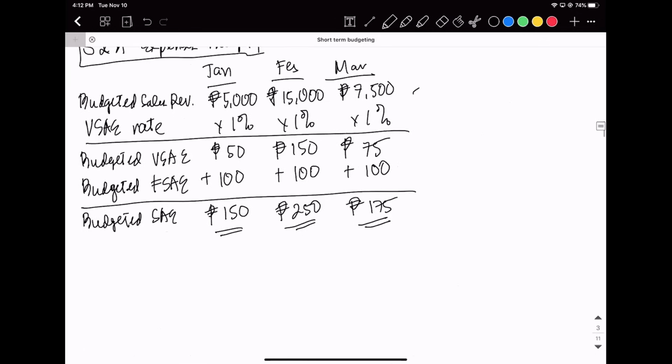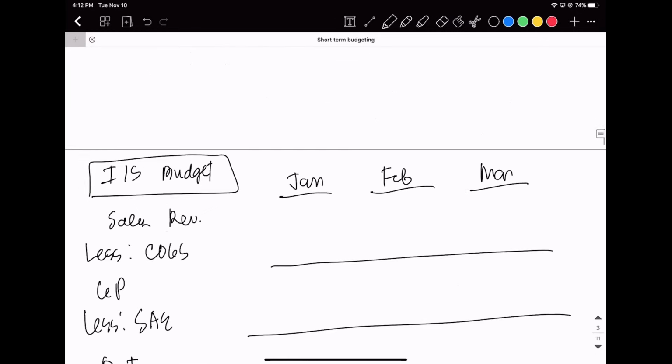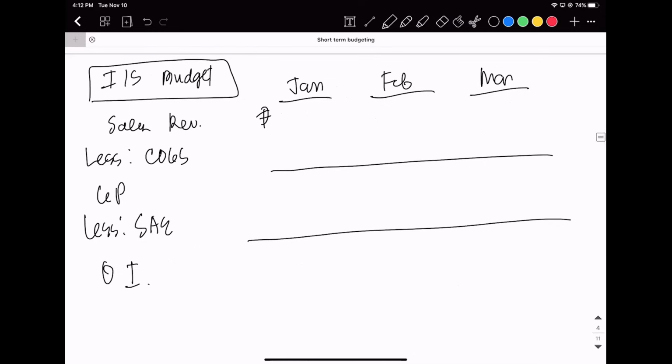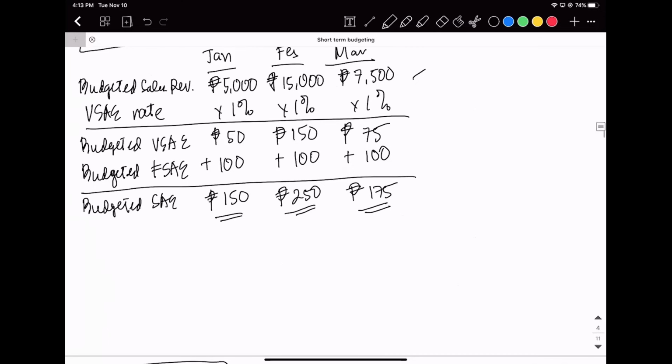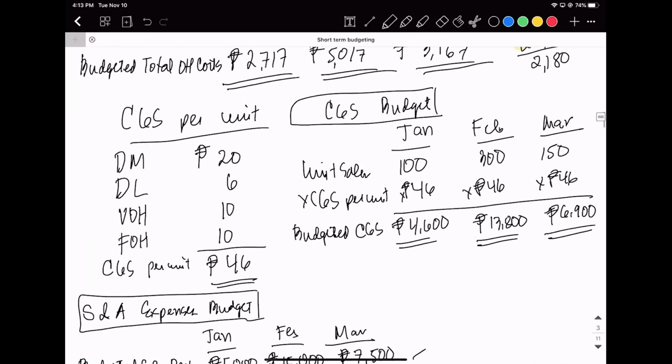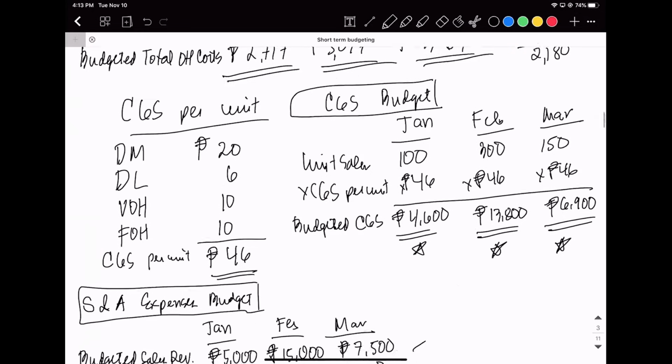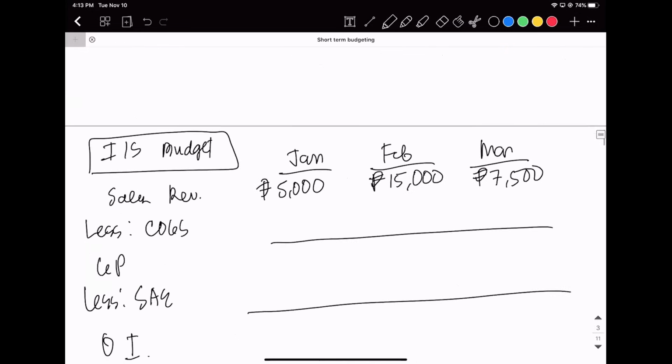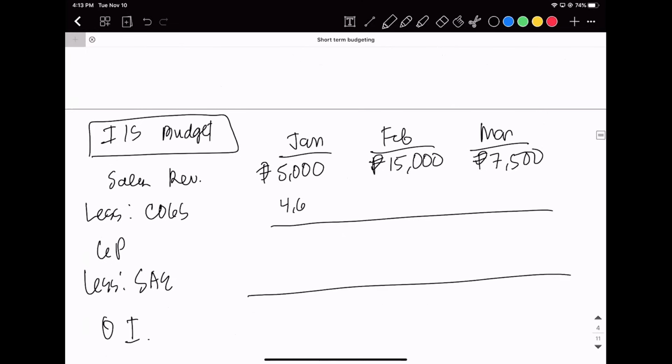Okay, ito yun. 5,000, 15,000, and 7,500. Okay, then cost of goods sold. Ito yung kanina. 4,600, 13,800, and 6,900.